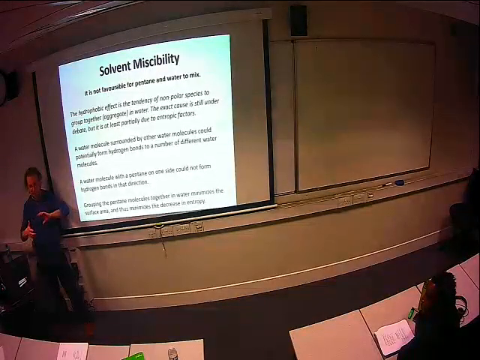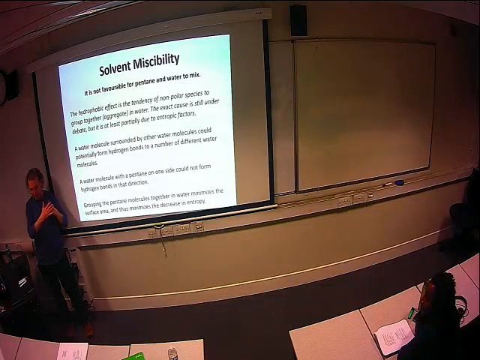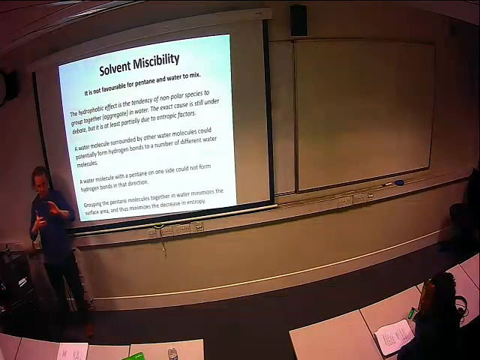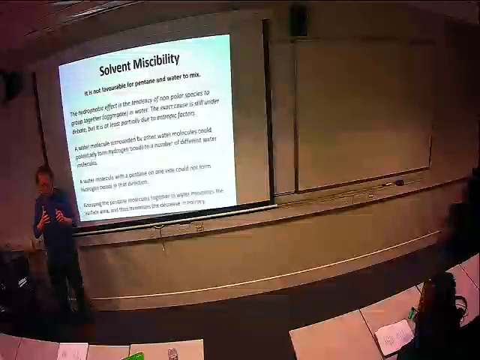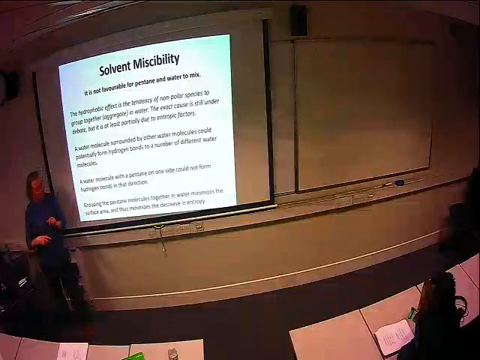So there's lots of non-covalent interactions between water molecules, so there's a high enthalpy factor when water molecules come together. But if you put in some pentane, you can still imagine that the water molecules can still go around and make hydrogen bonds with each other.